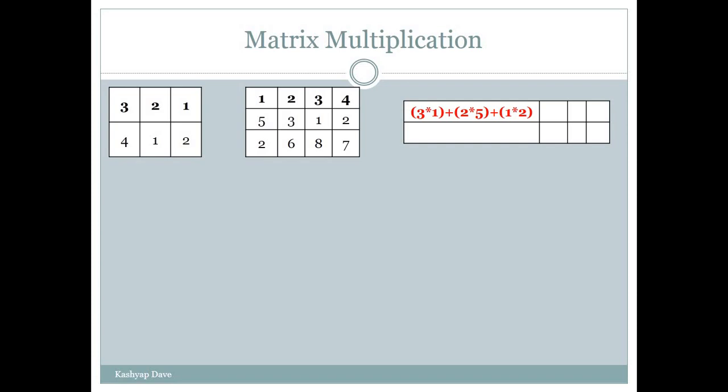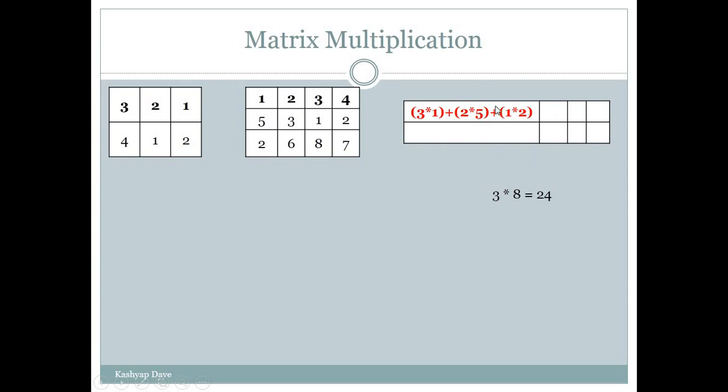We continue and find all elements of this matrix. The total number of elements is 1, 2, 3, 4, 5, 6, 7, 8. With a total of 8 elements, and 3 multiplications needed for each element, we will need 24 multiplications for finding this resultant matrix.